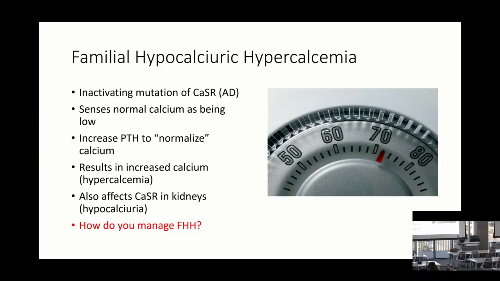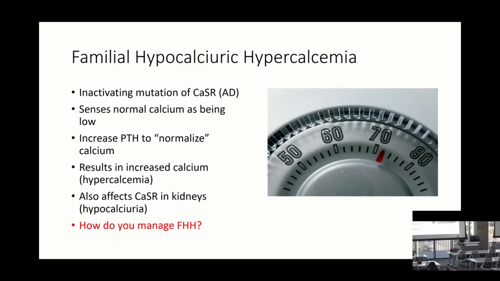So it's often not pathologic. The defect also happens in the kidneys. There are also calcium sensing receptors in the kidneys, so the kidneys also sense the high serum calcium as normal. By doing that, they don't clear the calcium through the urine.